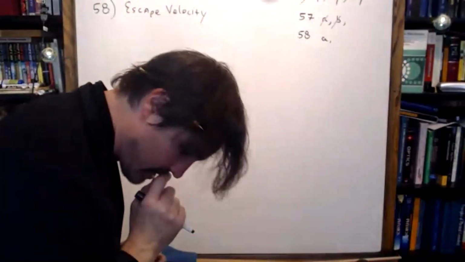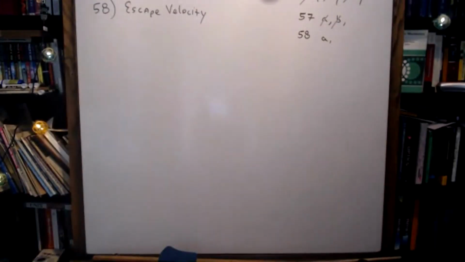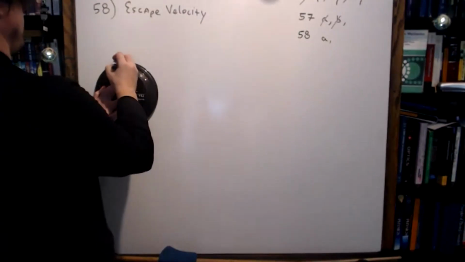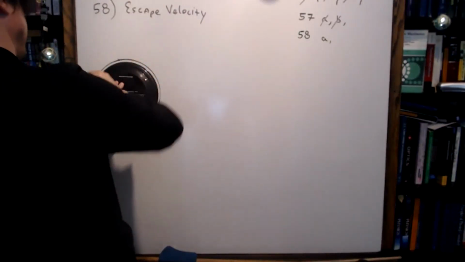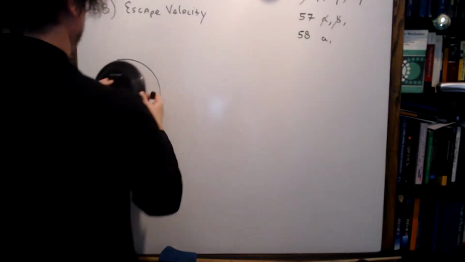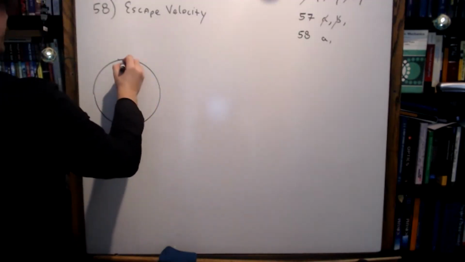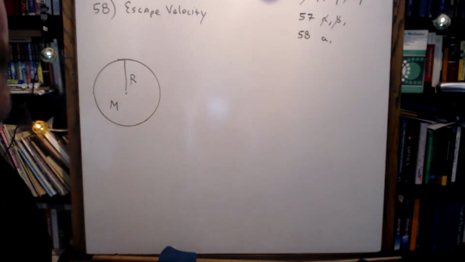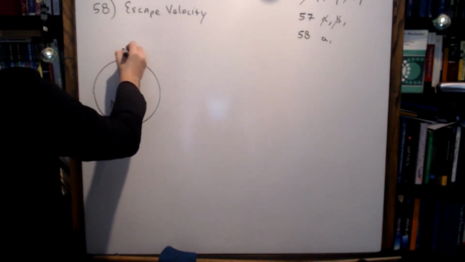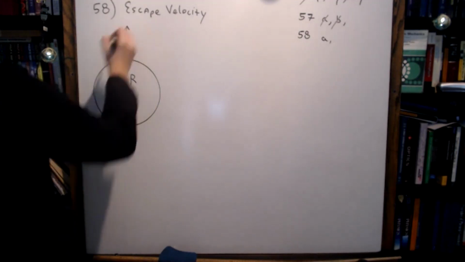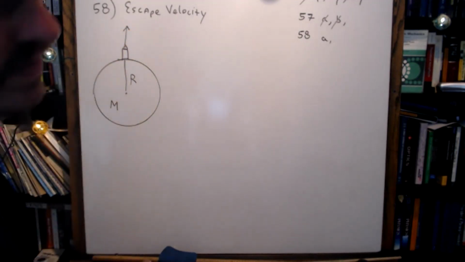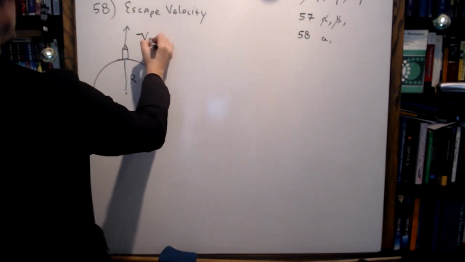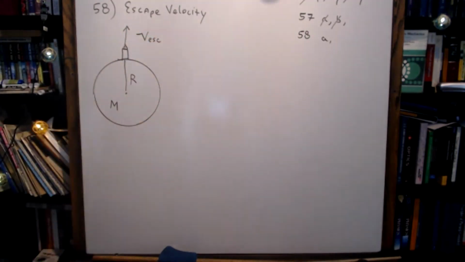Okay, so we have a planet, and the planet has a radius r and a mass m. And we're trying to calculate the escape velocity. The escape velocity is how fast your rocket needs to travel to leave the gravity of the planet, and usually we call it V subscript ESC for V escape.